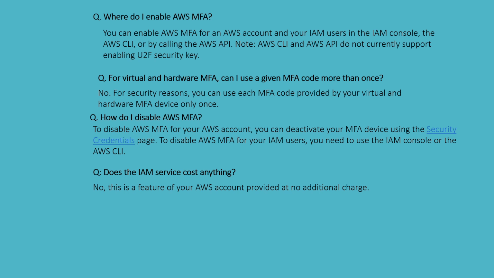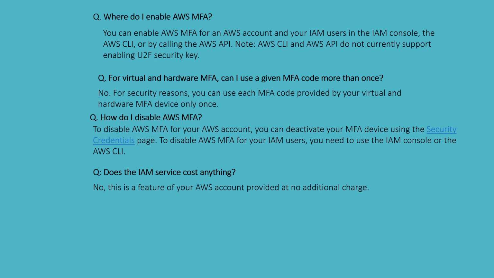Note: AWS CLI and APIs are not currently supported for enabling a U2F security key. For a virtual hardware MFA, can I use a given MFA code more than once? No. For security reasons, you can use each MFA code provided by your virtual hardware MFA device only once.